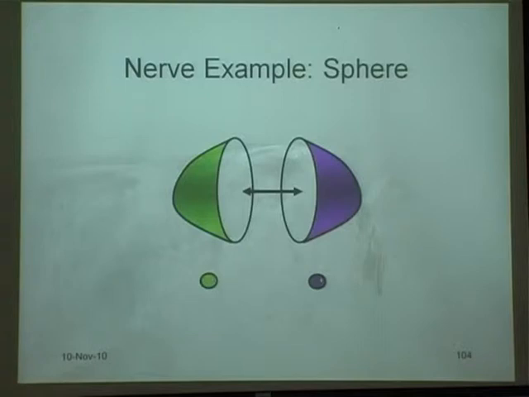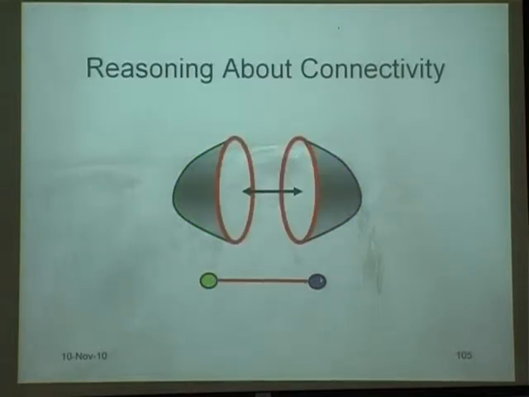And so each piece here is a vertex of the nerve. And the intersection of the two is non-empty, so there's an edge between them. So the nerve of this particular covering is just this edge with two vertices.